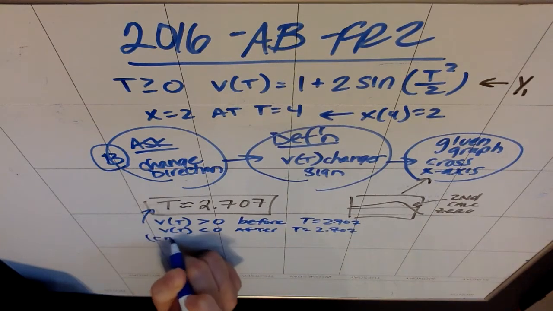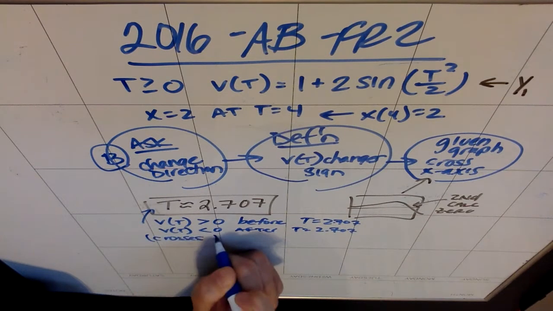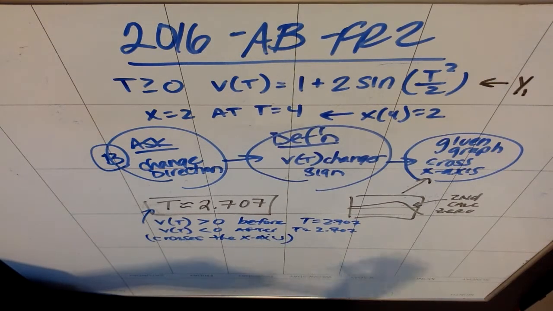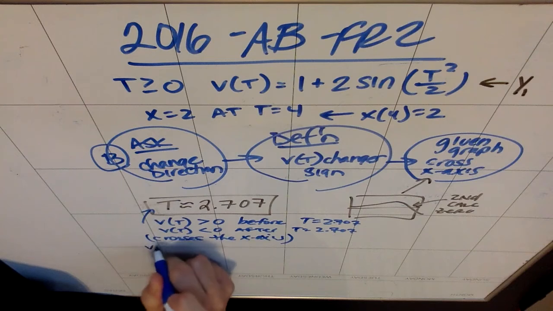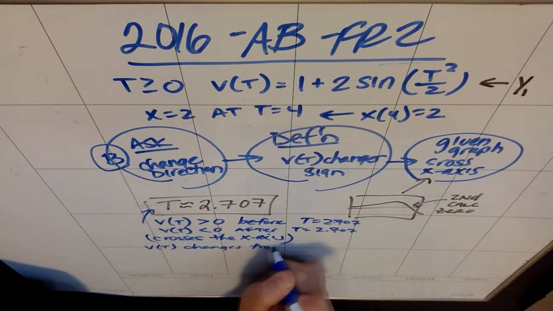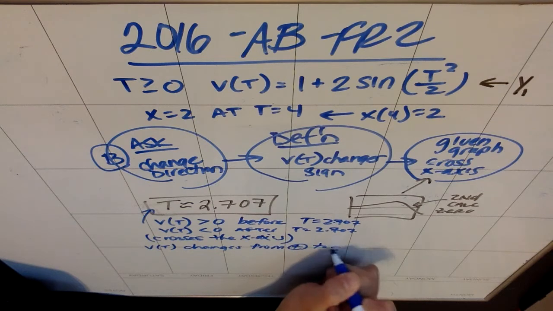So it crosses the x-axis, right? Or the other way you could say it is you could say v of t changes from positive to negative, right?